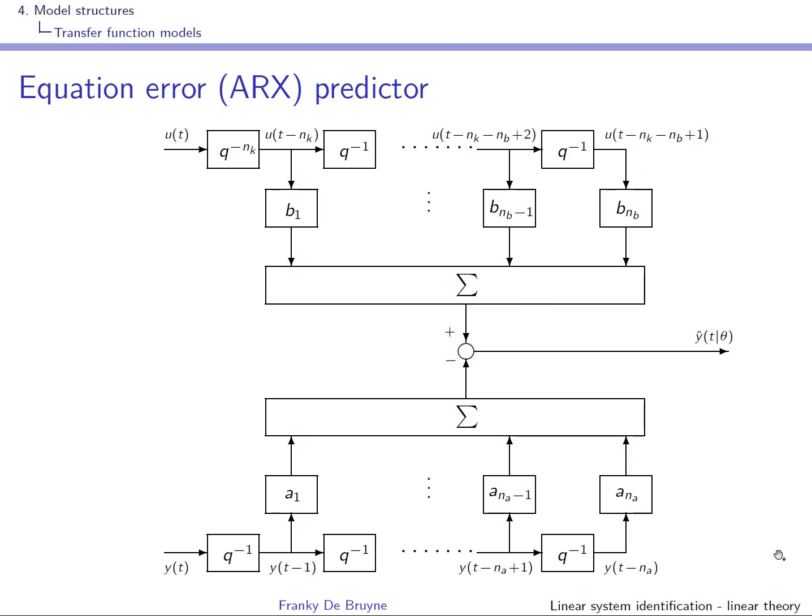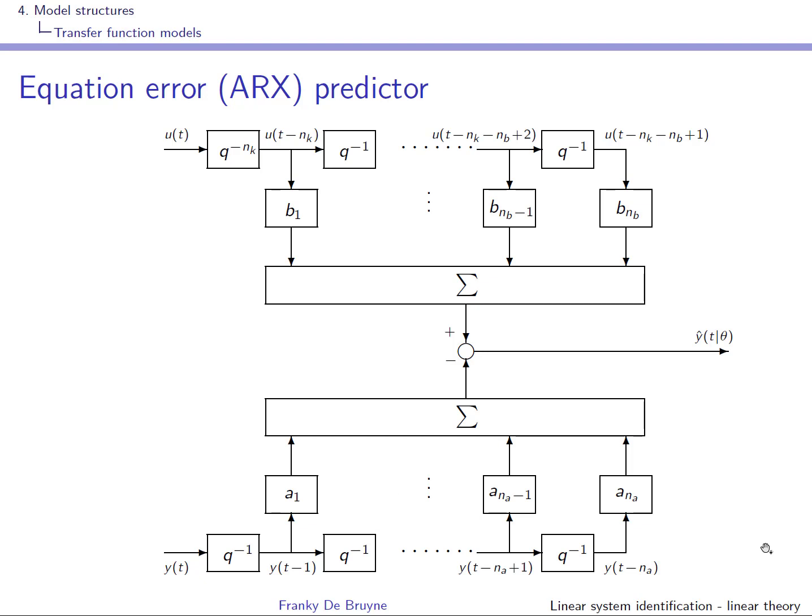You have probably guessed that what you could do is leave the input side, the exogenous input side, linear, and then use a nonlinearity in the autoregressive part. So this would amount to putting a neural net over here.